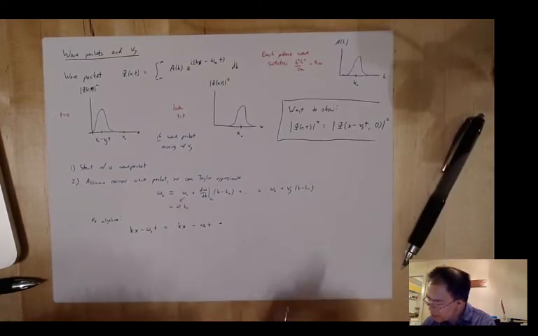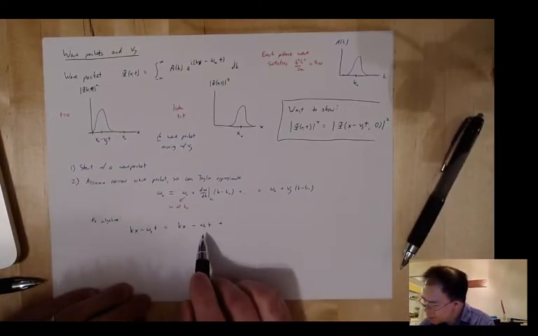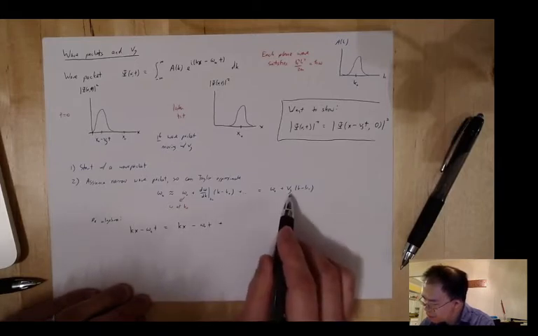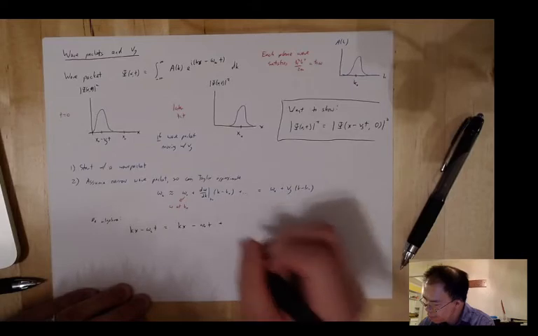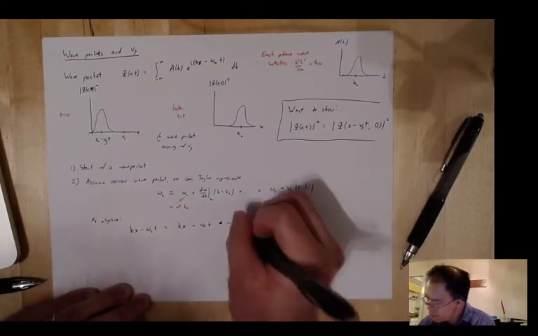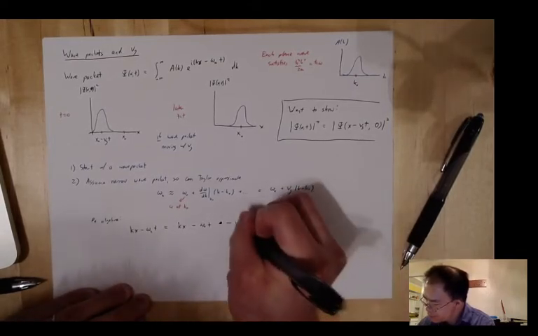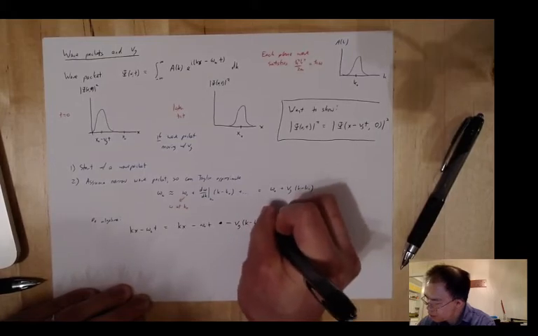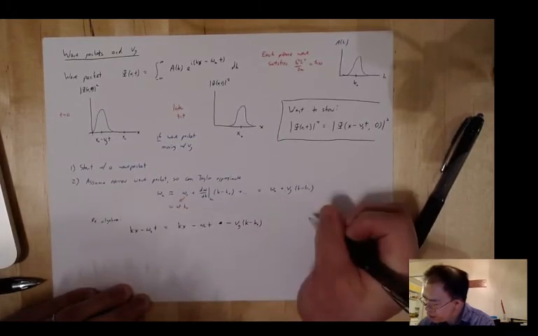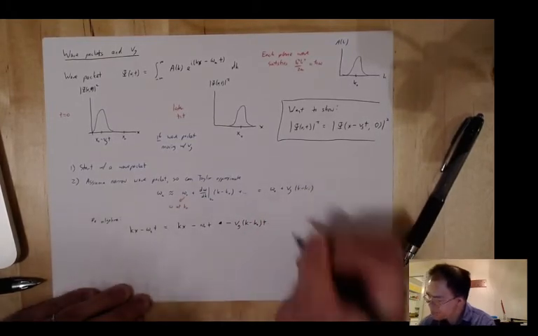Sorry about that. So we have kx minus omega naught t, and then this term, minus v group times k minus k naught times t.